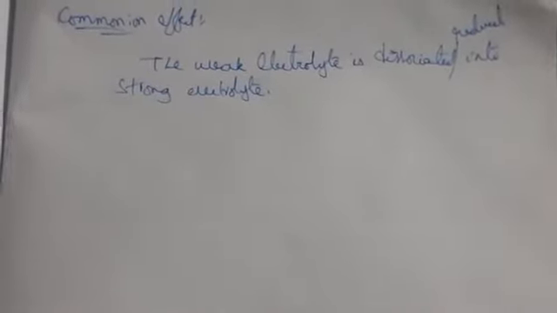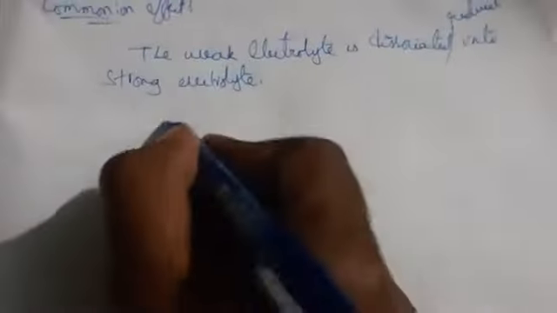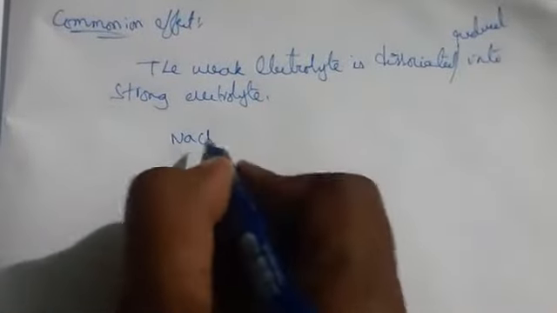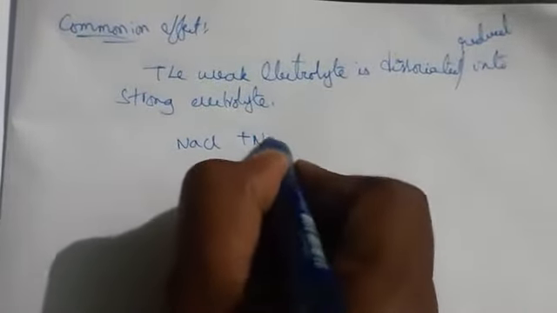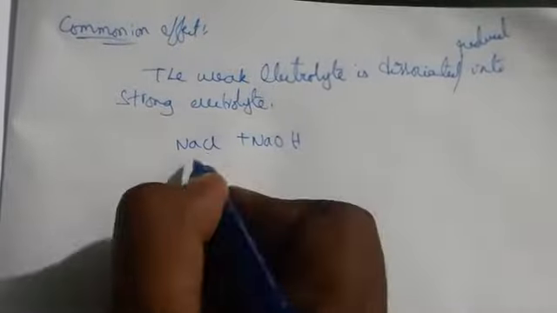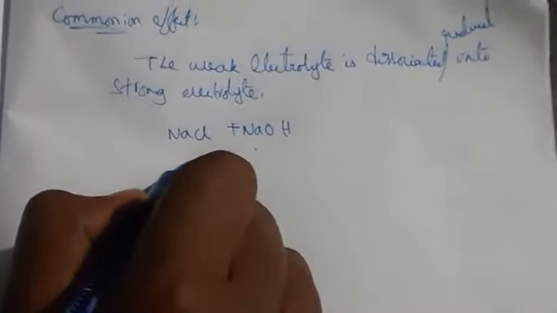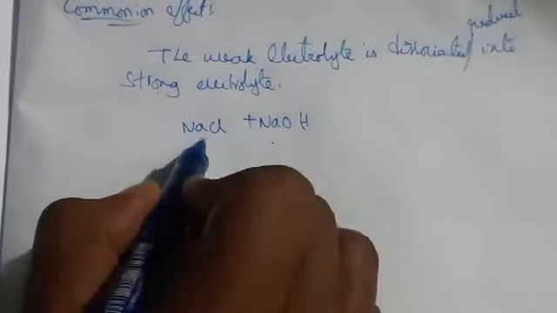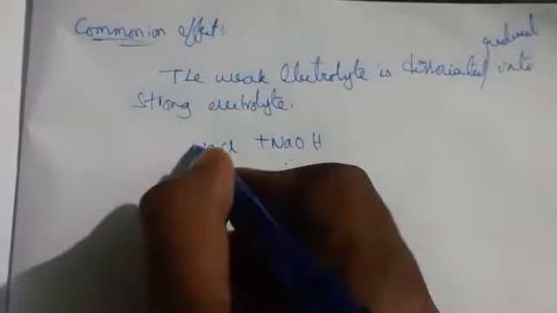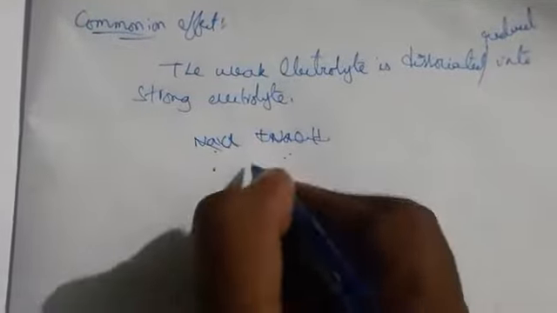So when you add, for example here, NaCl is one molecule, NaOH is one molecule. So this is a base and this is an acid, right? So we are saying here a weak electrolyte.